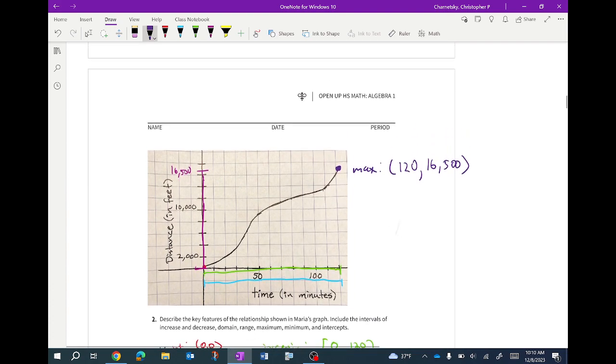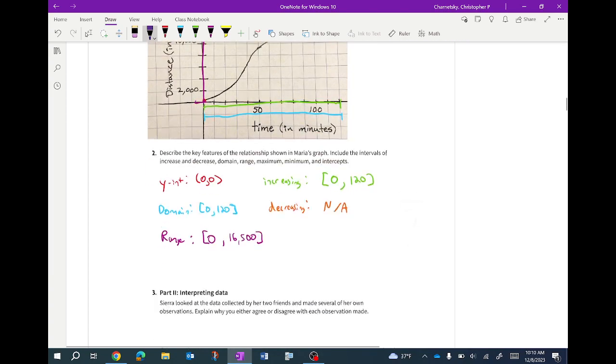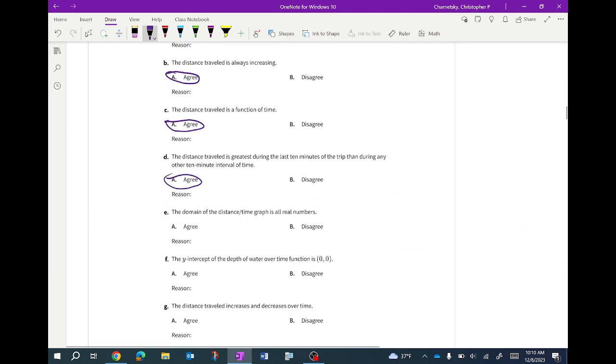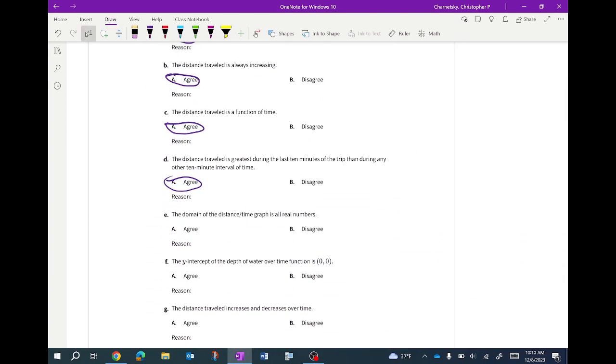So our graph has a little bit of a restricted domain. It's not all real numbers, but it is all the numbers between 0 and 120.